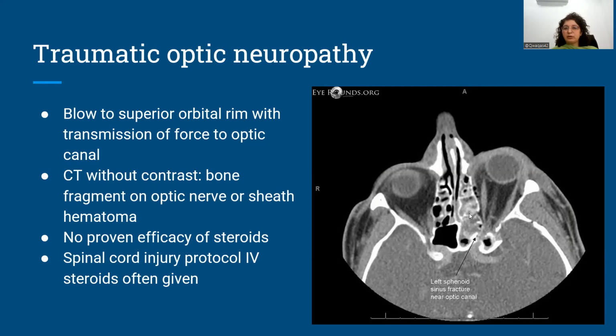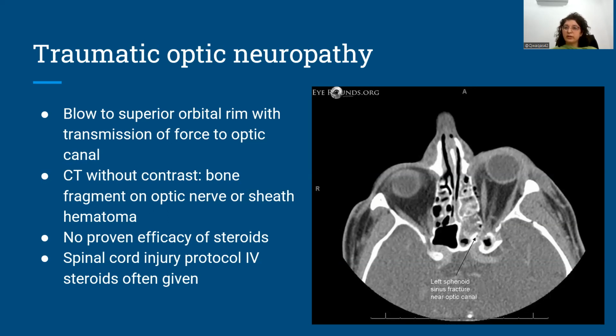This is CT without contrast, and you can see over here that there's a bony fragment on the optic nerve or sheath on the optic nerve. I think there's also a small sheath hematoma, and this is right at the apex over here. These kinds of cases will usually present with an afferent pupillary defect.